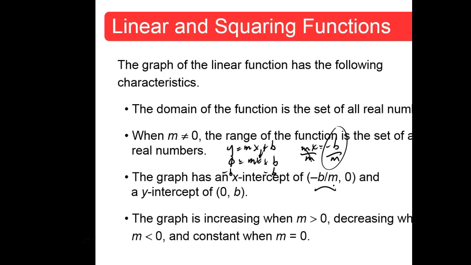There it is. That's the x value of your x-intercept. The y value is always 0. The y-intercept is where x is equal to 0. You put x equals 0, what do you get? y is equal to b. So there it is, (0, b).